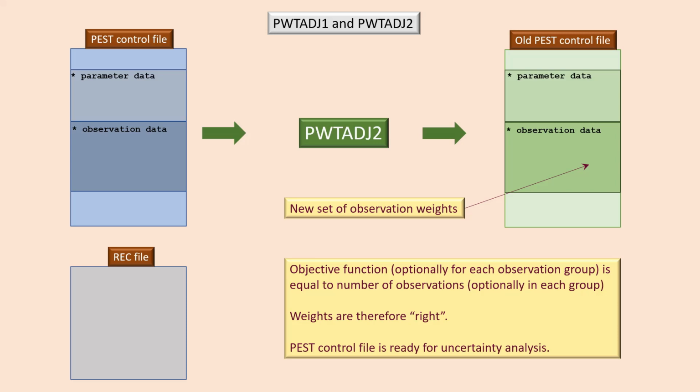This then prepares this PEST control file for post-calibration linear or non-linear uncertainty analysis, because not only are the parameters in the parameter data section of the PEST control file optimized, but the weights then have been back calculated to be in accordance with model to measurement misfit, so that calculations that are done by other PEST utilities which look at nonlinear or linear uncertainty of parameters and predictions are operating on the basis that the weights in that PEST control file are correct.